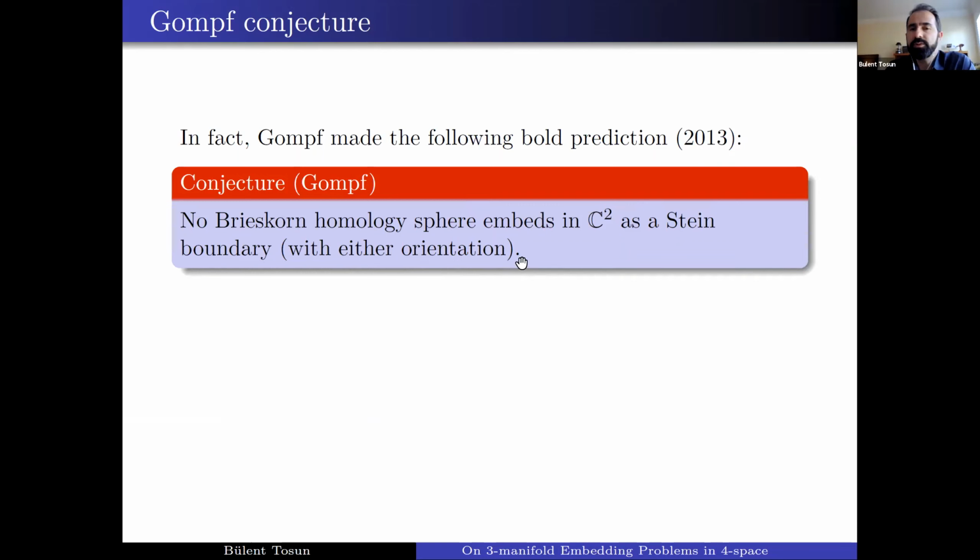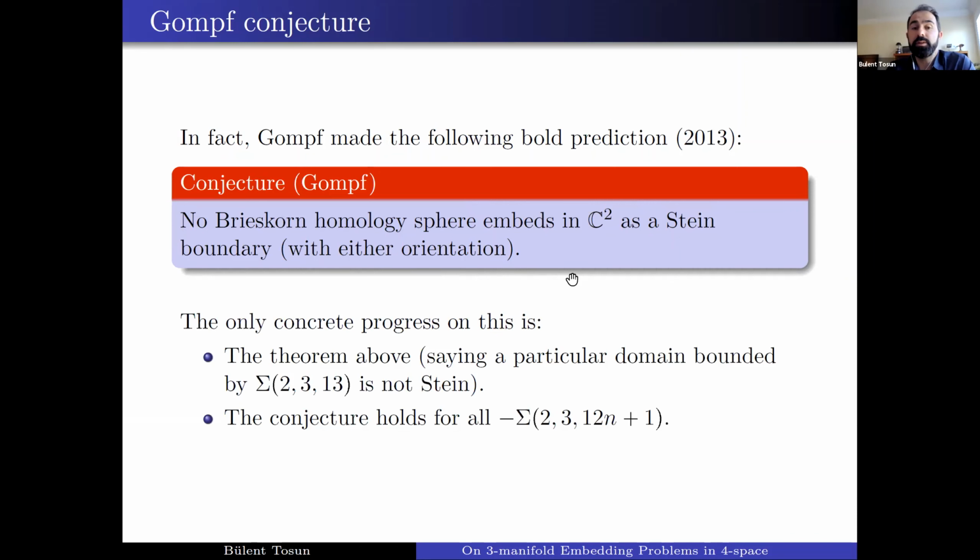So this conjecture is still largely open. The only progress we have is this previous theorem I just said, and that we also did verify this conjecture for this infinite family.